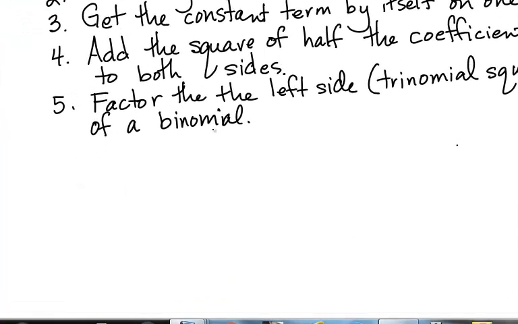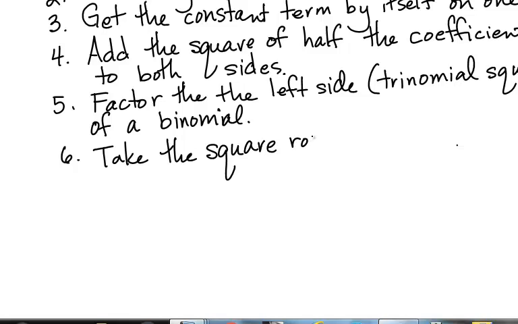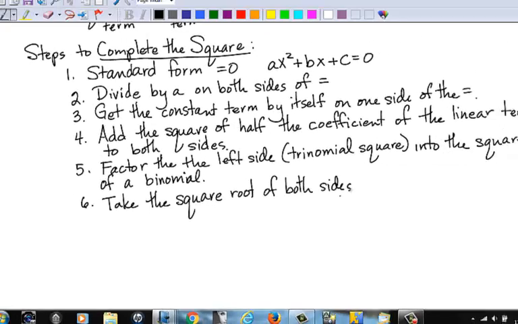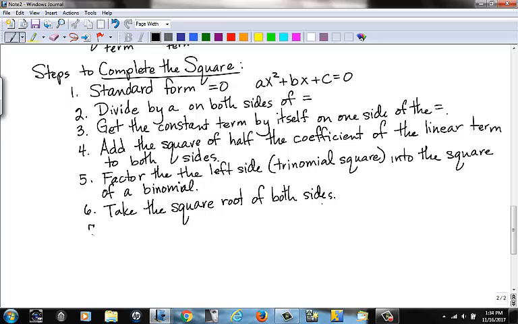So now you've got a quantity squared. So to get rid of the square, take the square root of both sides. Okay, then you have to simplify it. Remember, you can't leave any perfect squares inside radicals. You got to simplify your answer.